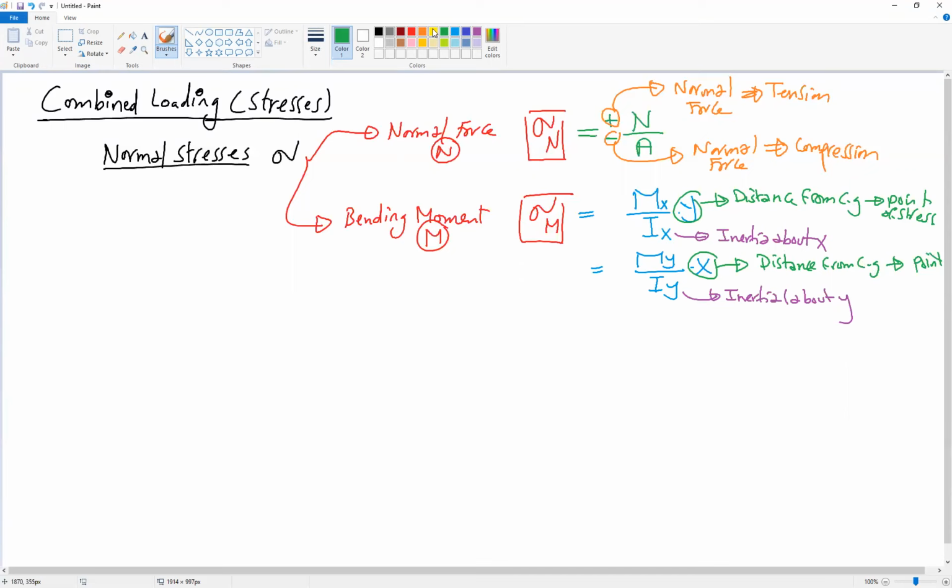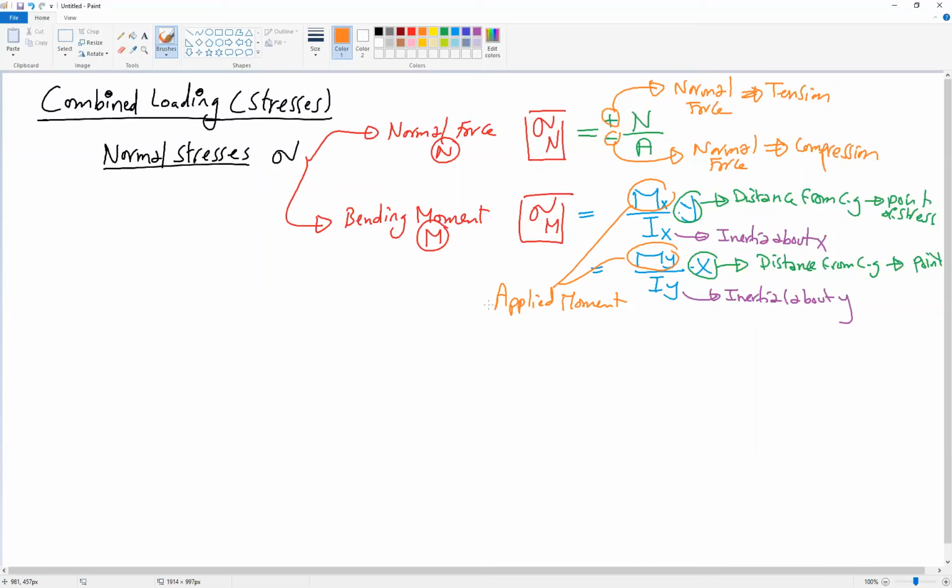Okay, and M, My or Mx are the applied moment. These are the general equations for sigma N and sigma M.